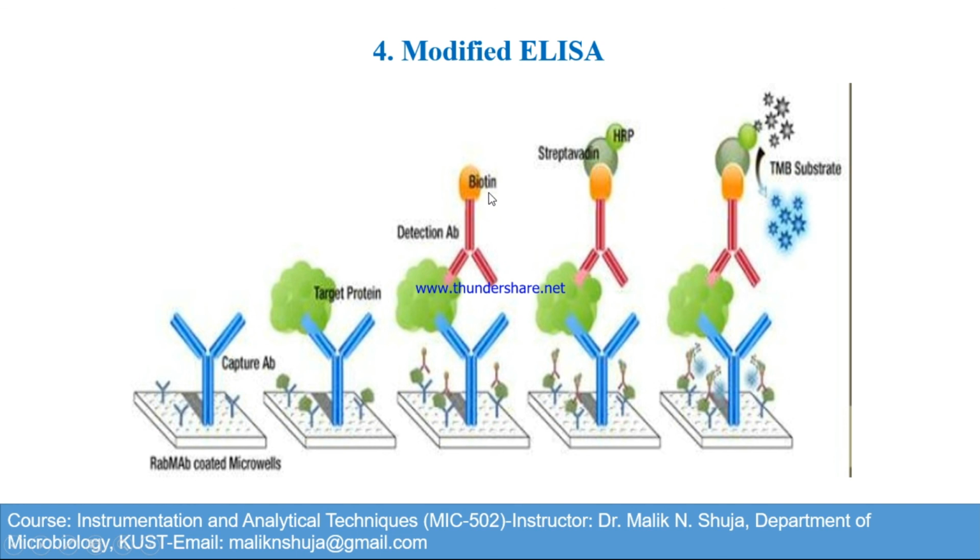Biotin makes a complex with avidin, which is linked with another enzyme, horseradish peroxidase. When they make a complex, a chromogenic substrate is added, which converts the substrate into a chromogenic, readable product. This type of ELISA has more sensitivity and specificity as compared to the rest of all.